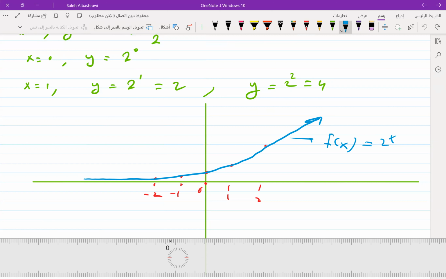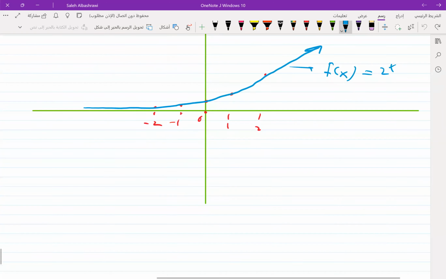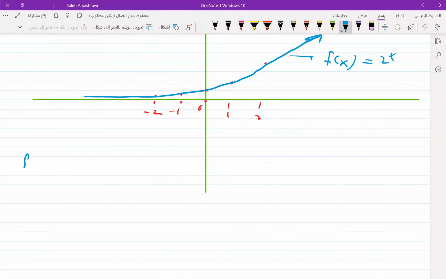We'll notice a few things here. F of x equal to 2 to power x. First remark, b, the base is equal to 2, and the 2 is greater than 1.